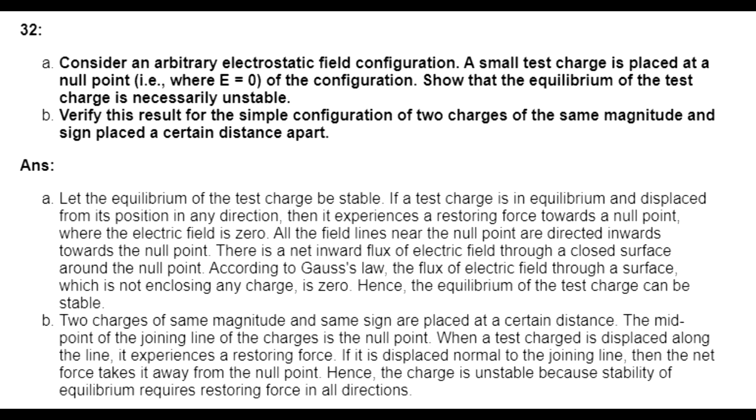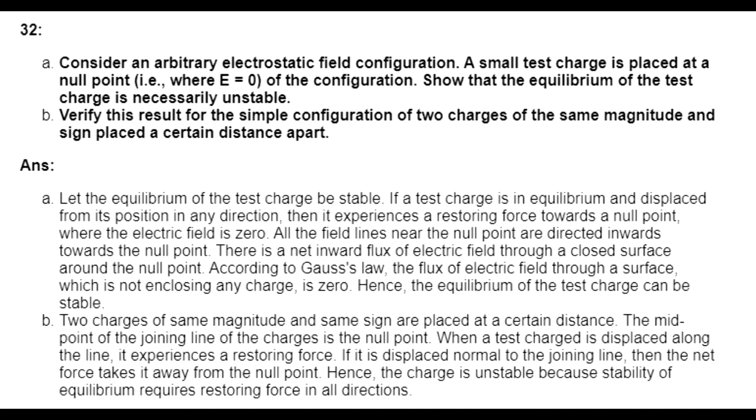There is a net inward flux of the electric field through the closed surface around the null point. And according to Gauss' law, the flux of electric field lines through a surface which is not enclosing any charge is 0. Hence, the equilibrium of the test charge cannot be stable.